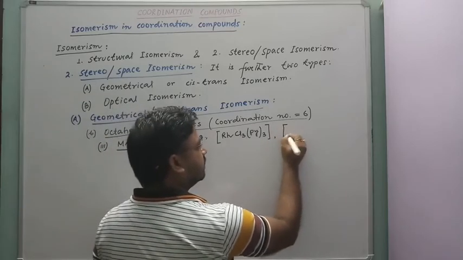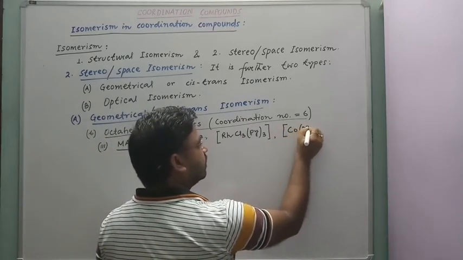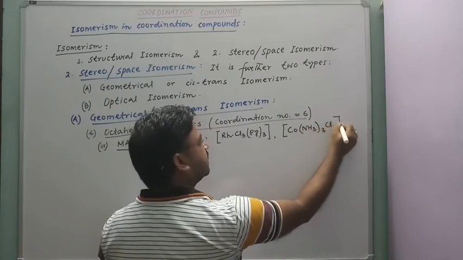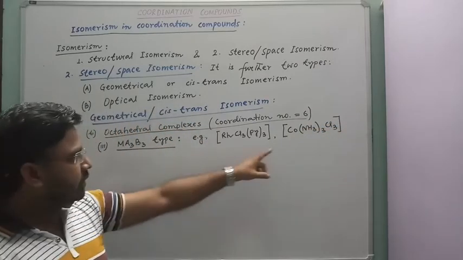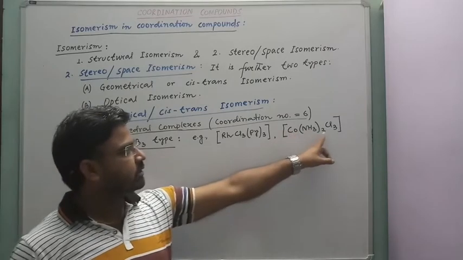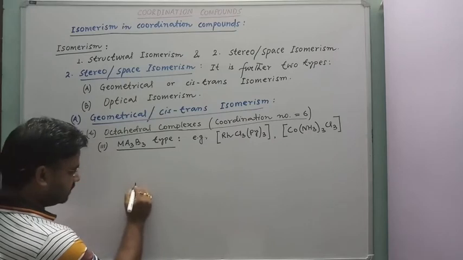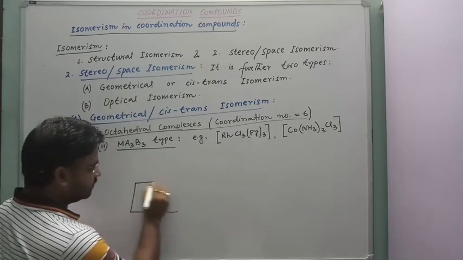Similarly, Co(NH3)3Cl3. So MA3B3 type. So MA3B3 type is the structure.